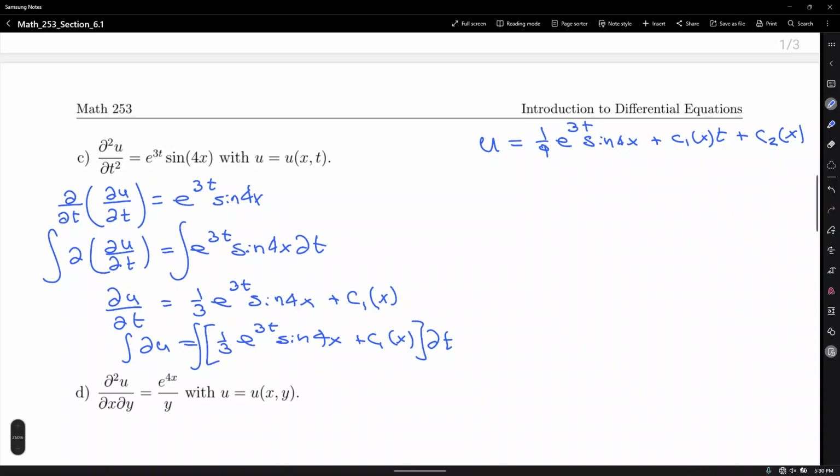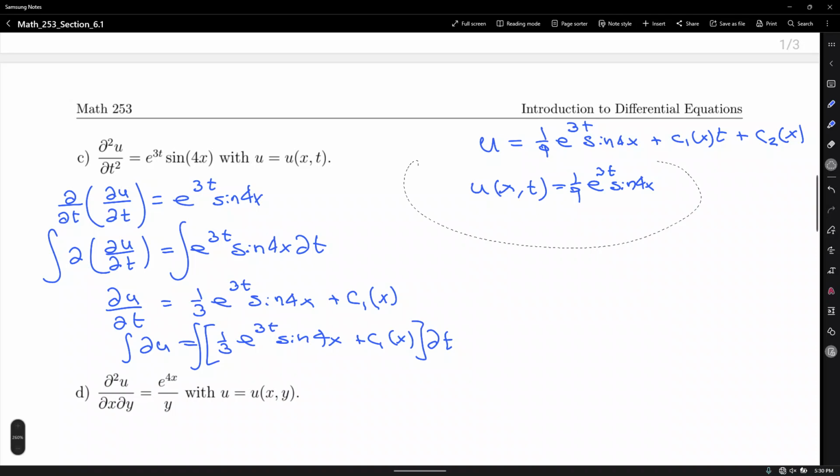That's the second constant of integration because we're integrating twice. All right, well, I guess we're done with the solution. So all we need is just use the proper notation because u is a function in the one-dimensional space and time, that is 1/9 e to the 3t sine of 4x.